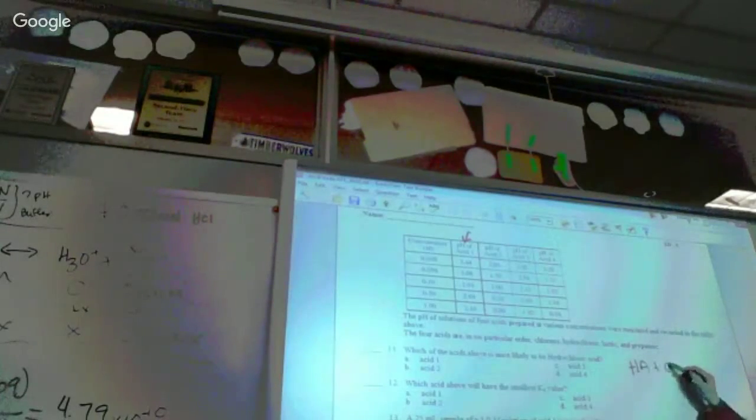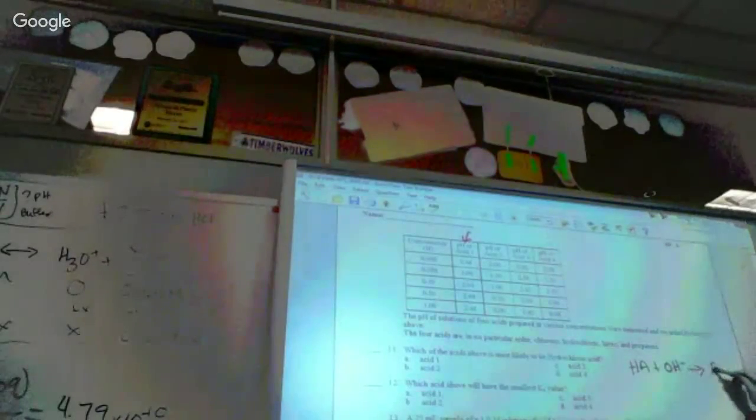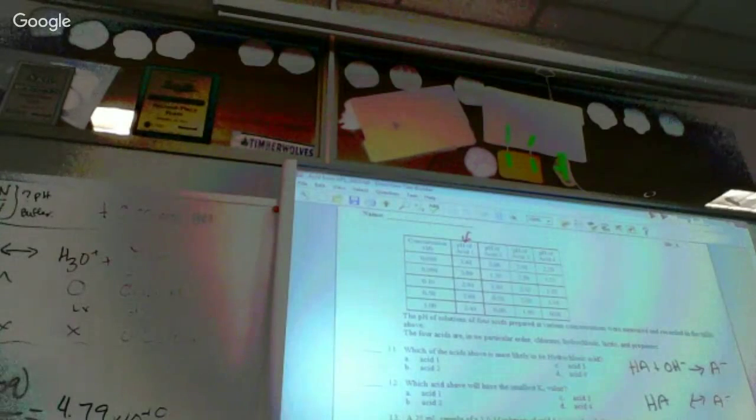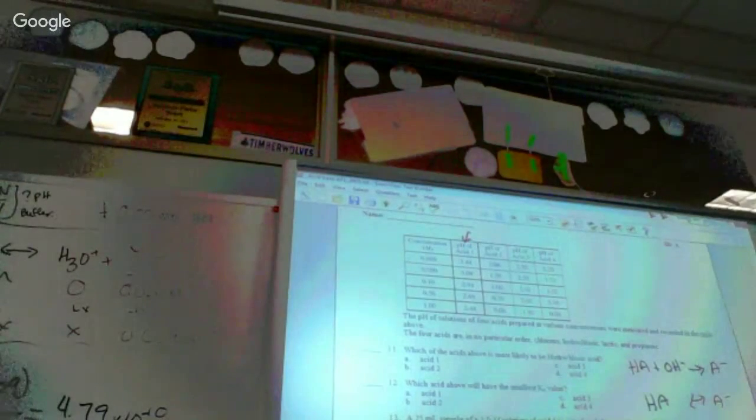So initially, that weak acid reacts with my hydroxide, and when it reacts, I'm going to form some A-. Now I have a solution that consists of HA and A-, a little bit of both present in solution. Do you know why? It's weak, it doesn't fully dissociate, so I still have some HA left.